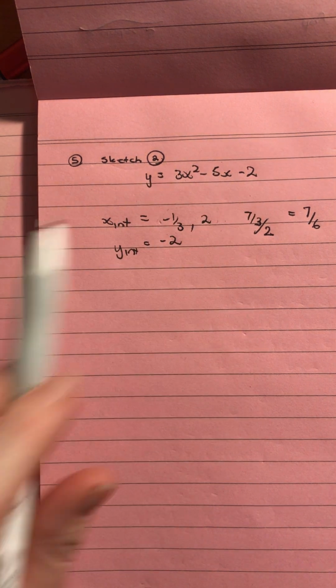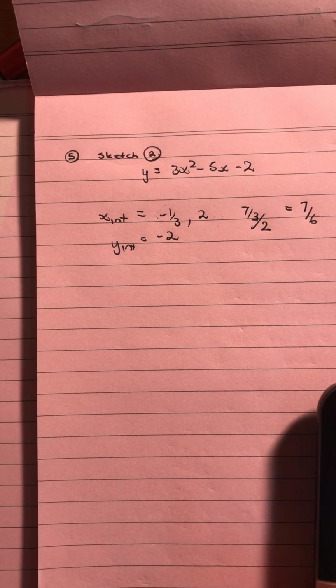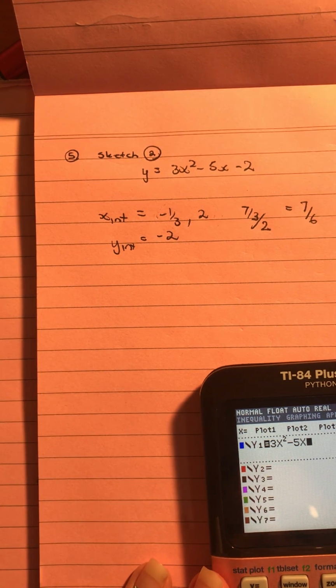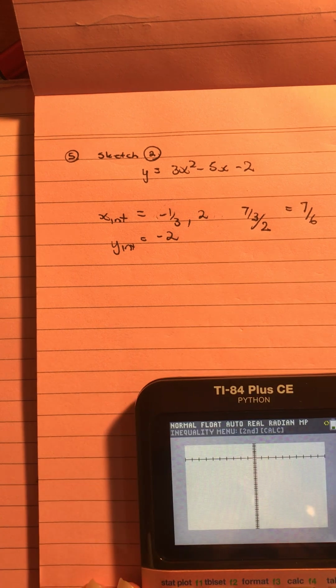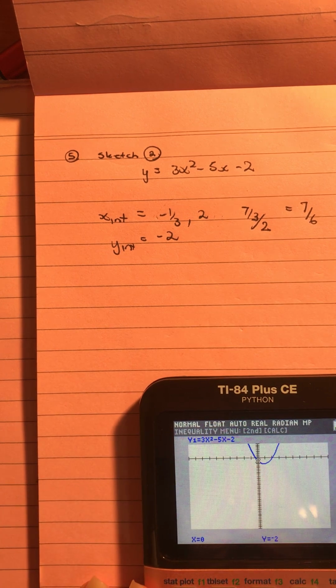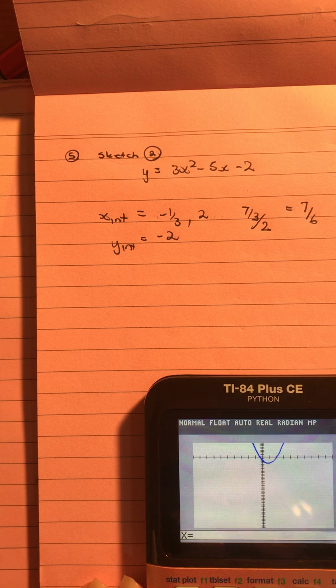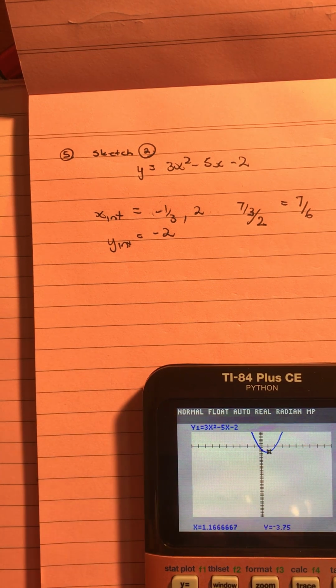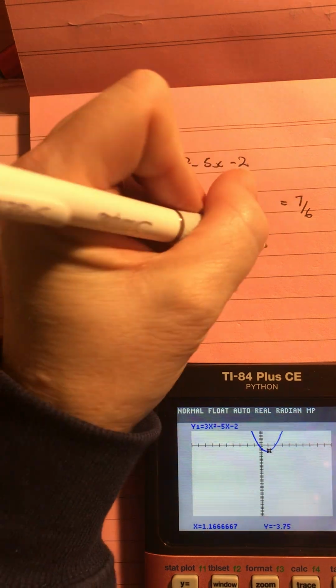We want to put that back into our equation to find our y value. I'm going to use my quick way of just using the graph and using the value there to find when x is 7 over 6, and we get negative 3.75.